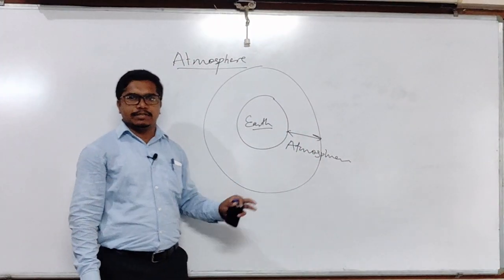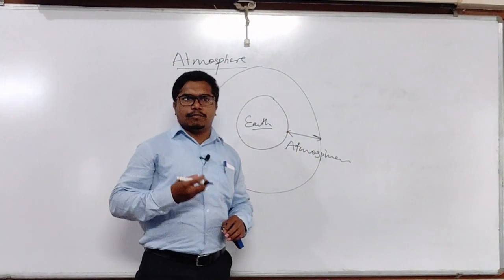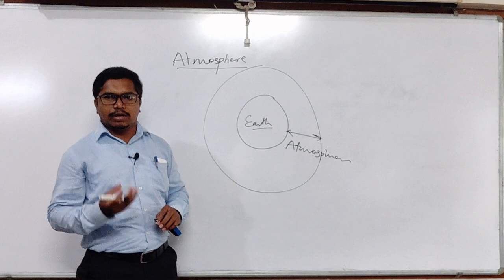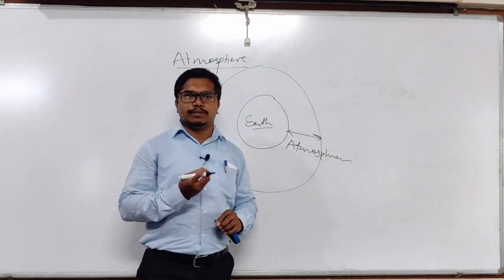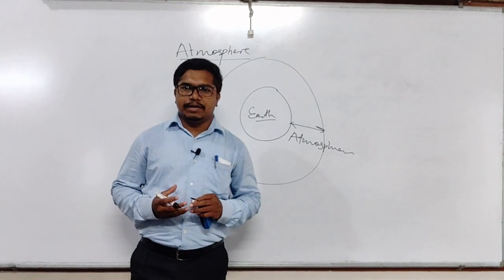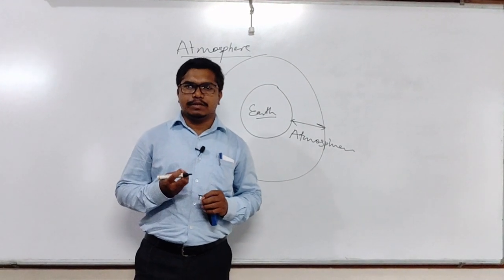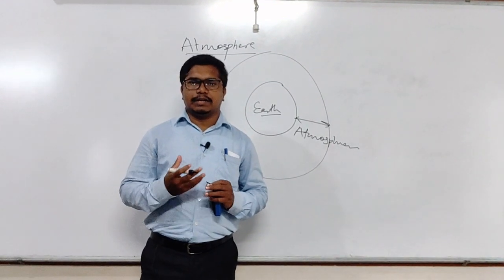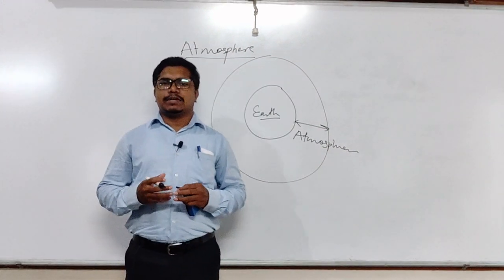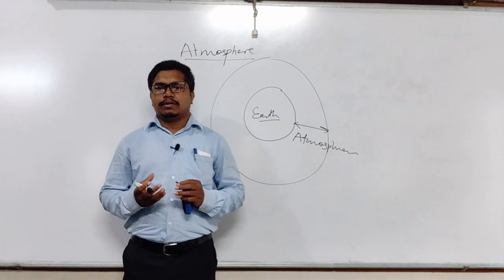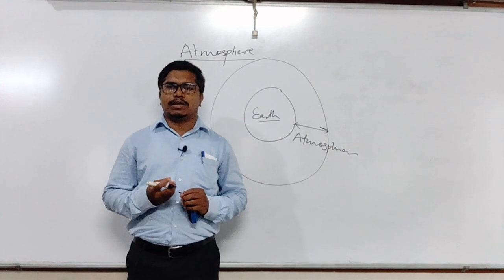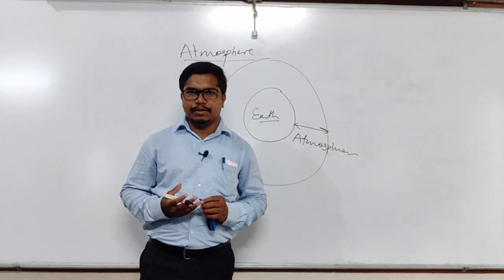This atmosphere contains a number of gases, water vapors, microorganisms, pollen particles as well as fungal spores. This atmosphere filters light reaching from the sun and affects the climate. This atmosphere also contains various components which are very essential for the survival of organisms.